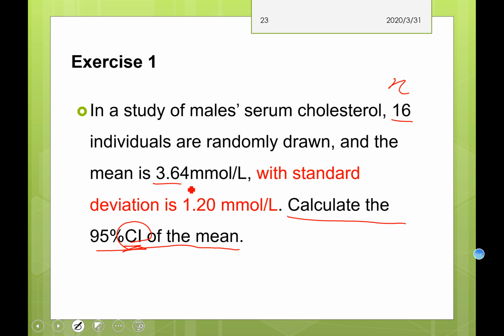And this is the mean, but we find that this is the mean for the 16 individuals. So that means this is x bar. So x bar equals 3.64. And standard deviation. The standard deviation is 1.2. But here is my question. Is this standard deviation sigma or s?